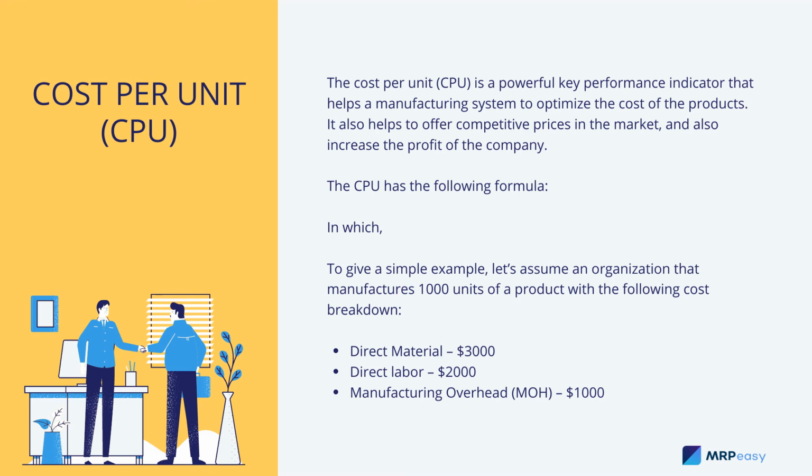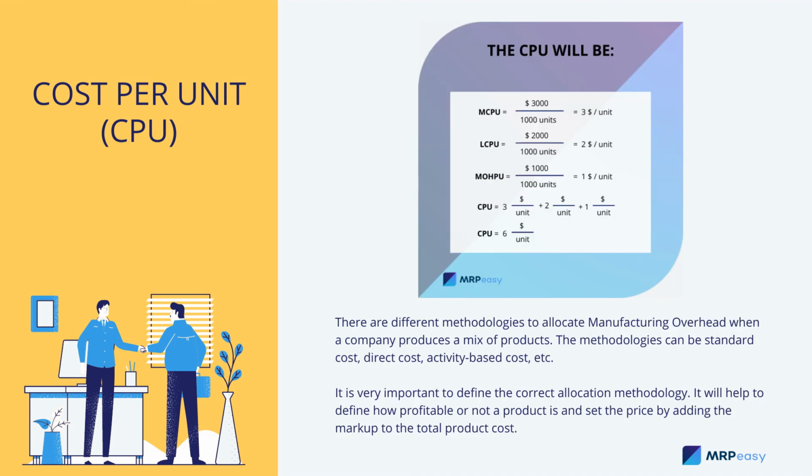The CPU has the following formula, in which, to give an example, let's assume an organization that manufactures 1,000 units of a product with the following cost breakdown. Direct material, $3,000. Direct labor, $2,000. Manufacturing overhead, MOH, $1,000. Cost per unit, CPU.